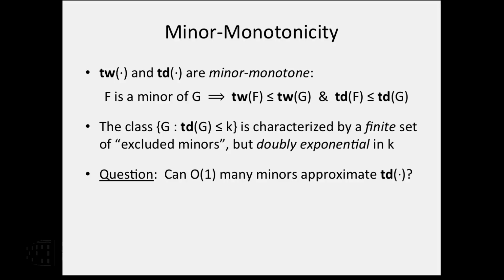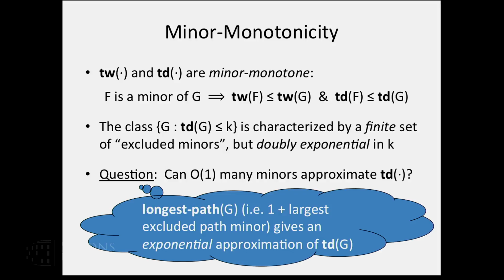So the question is, suppose we only want to approximate tree depth. We want a set of obstructions which give an approximation of tree depth. Can we get away with some sort of fixed set, which is independent of k in some sense?